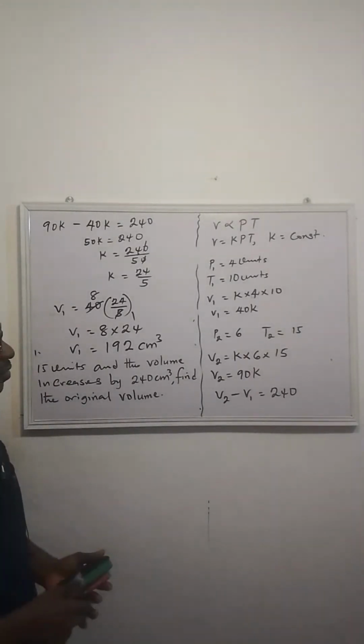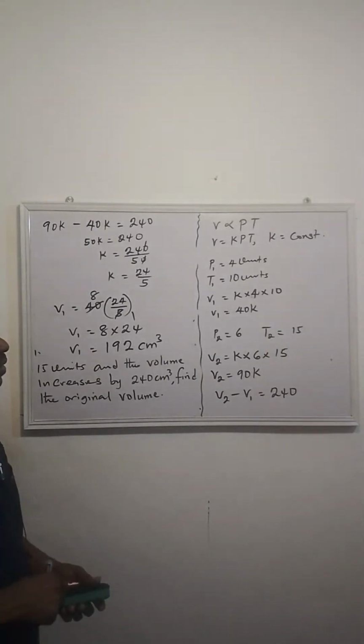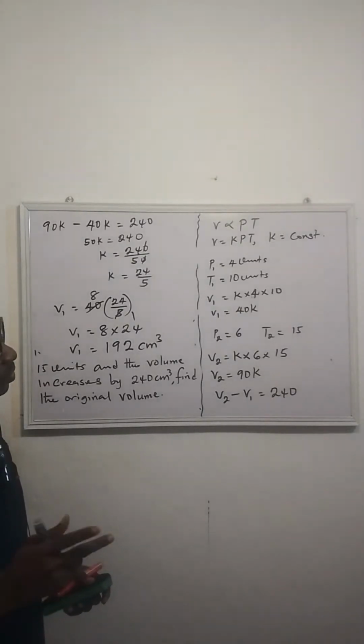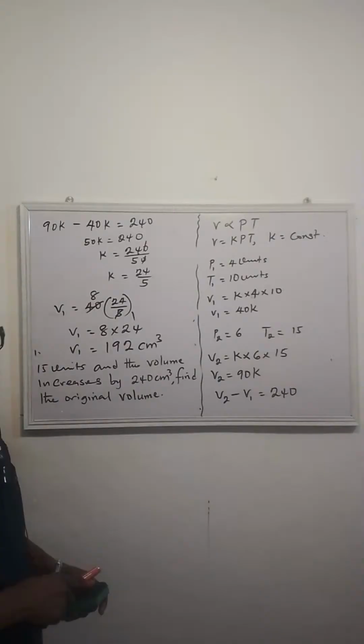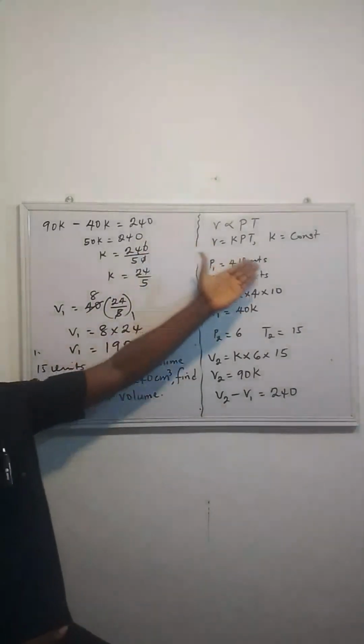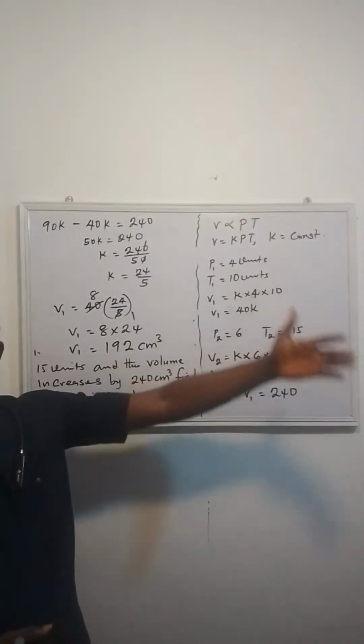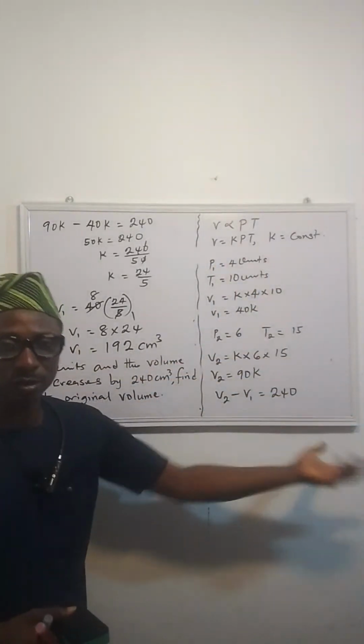Okay, now because progress said, probably she doesn't really understand, you need to go through the video again. But the summary of everything we have there is we have an initial pressure and temperature.